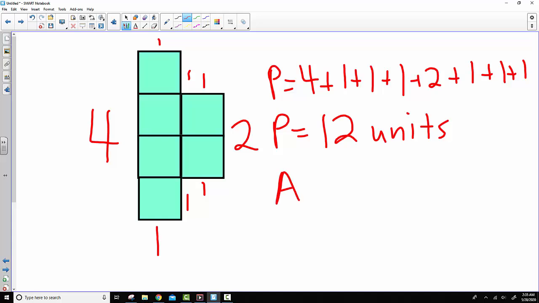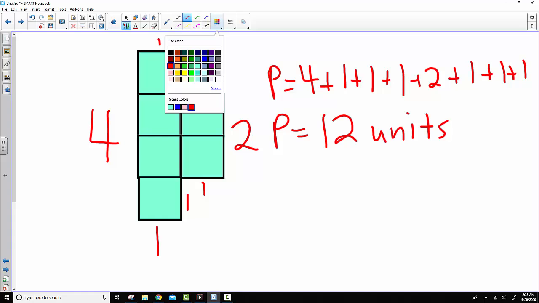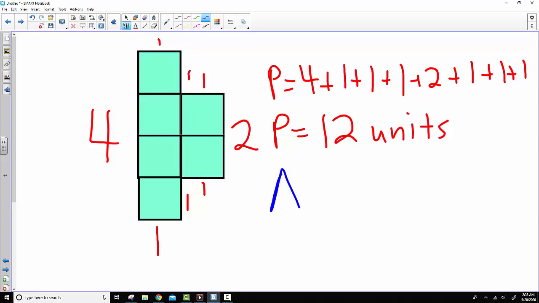And in the area, we are looking for square units. You know what? Let's just change that up a little bit and let's go with our previous model. So let's look for our area, which is square units. We see 1, 2, 3, 4, 5, 6.